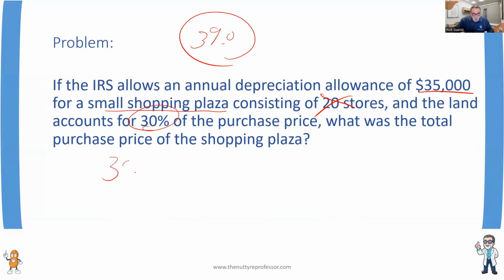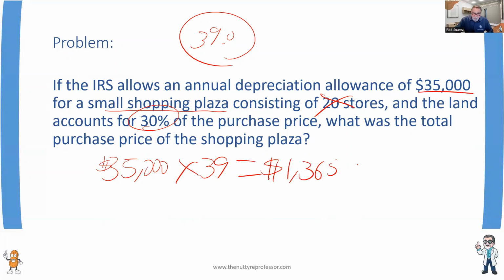So what do we need to do? We have to get the 35,000, right? Because this is the yearly amount that they're getting. But they are allowed to get it for 39 years. Is that correct? So what do we have? We have 1,365,000. Now, this is not the purchase price of the building because this amount does not include what? The land. When this was done, the land was not included. So now we have to put it back.